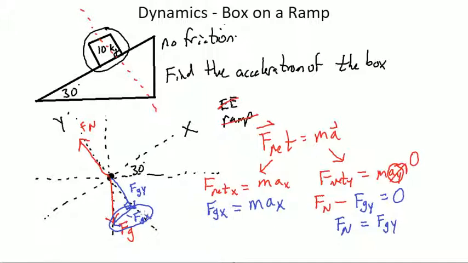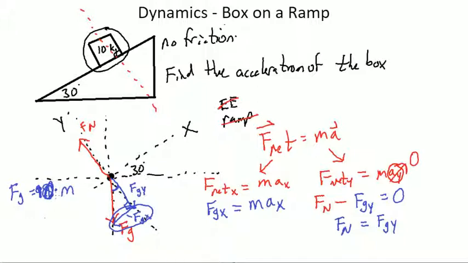Well, I know so far that it is the component of Fg. So if I knew Fg, and I knew this angle right there, I should be able to find Fgx. And it turns out that I know both of those things. Clearing up a little bit of space here, I know that Fg, assuming that this box is on Earth, is 9.8 times the mass, and for ease of use I'm just going to use 10.